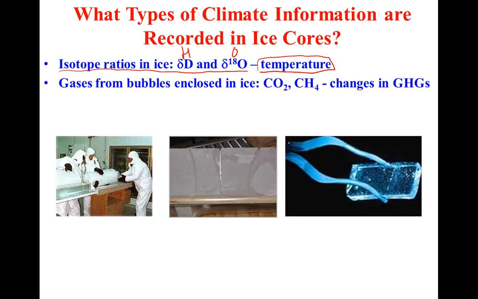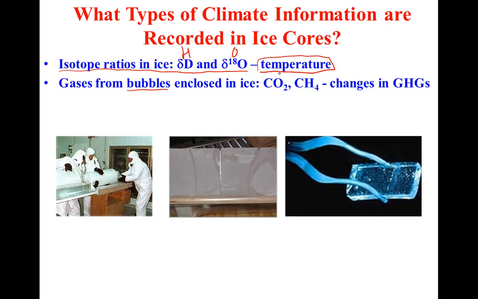The other really well-known measurement that can be made on ice cores is much more straightforward. As snow compacts into glacier ice, small bubbles are trapped in that ice that preserve samples of the atmosphere that date to the time that snow accumulated into glacier ice.